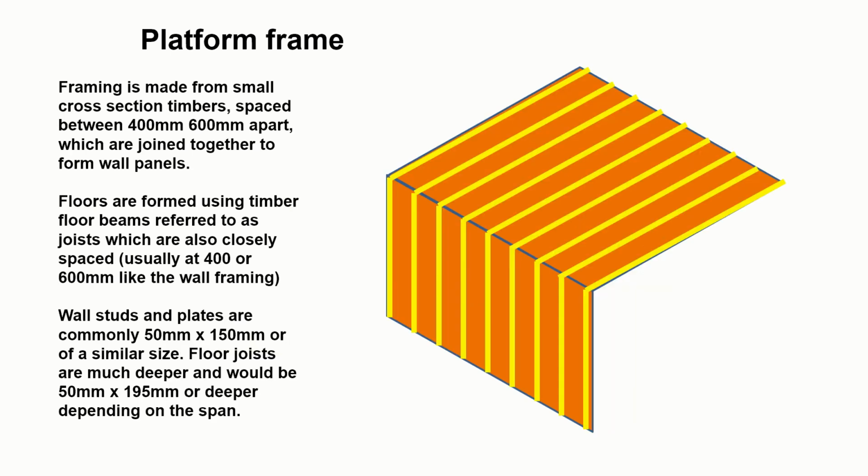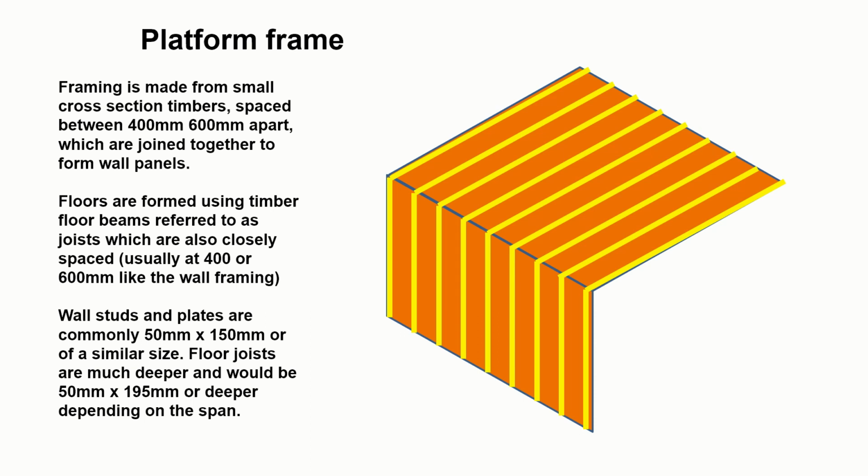And the wall frames are usually made from small cross-section timbers, usually about 150 by 50 millimeters, or thereabouts, and they're spaced between 400 millimeters and 600 millimeters apart.